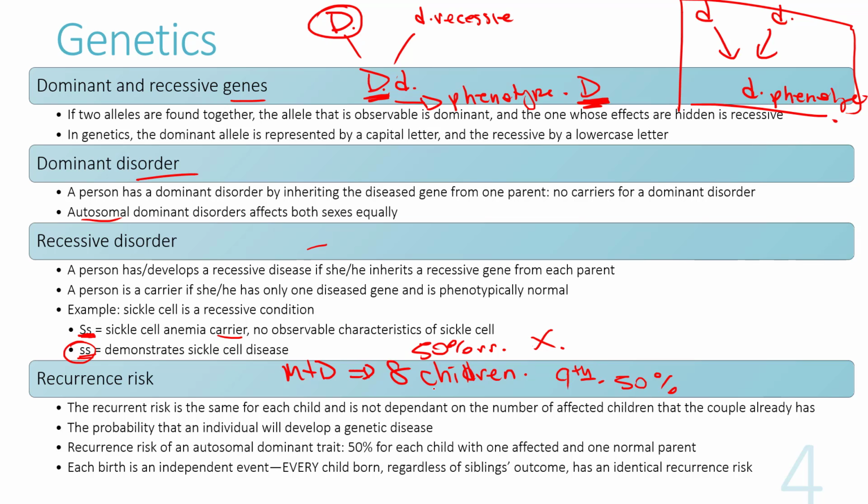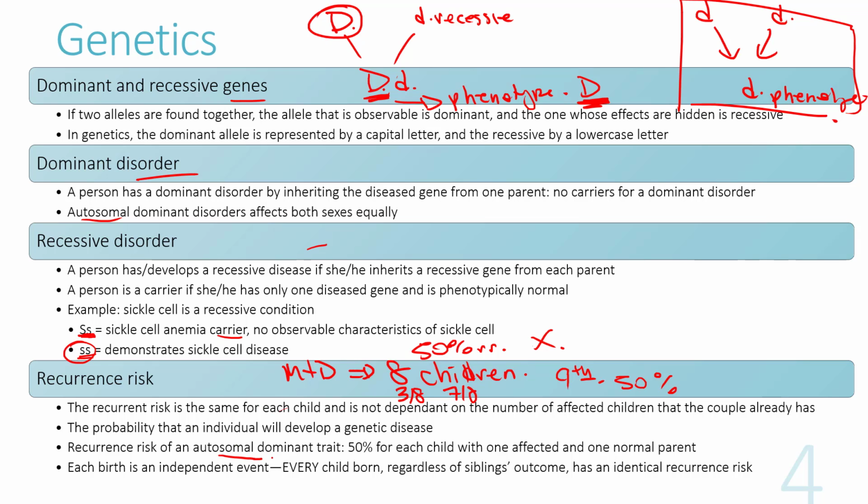So regardless of how many children, say 3 out of 8 children have the disorder, it doesn't mean that the 9th one is definitely going to have the disorder. If 7 out of 8 have the disorder, doesn't mean that the 9th child will have no chance of having the disorder. So the recurrence risk for each child is identical regardless of how many children the couple already has, right?